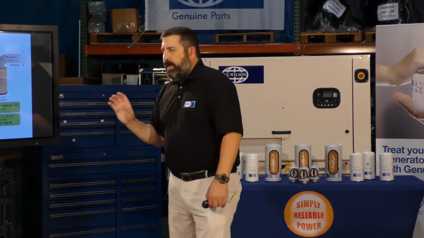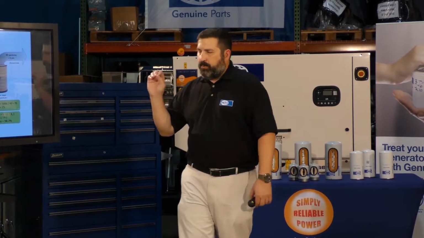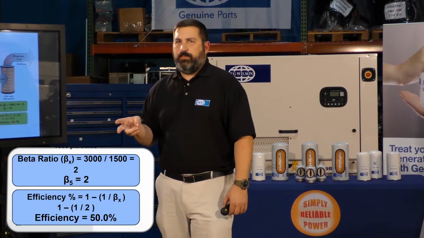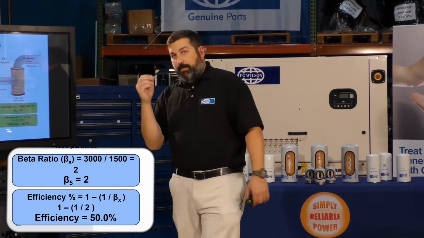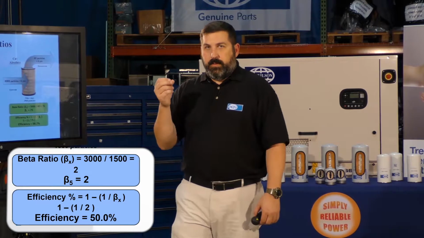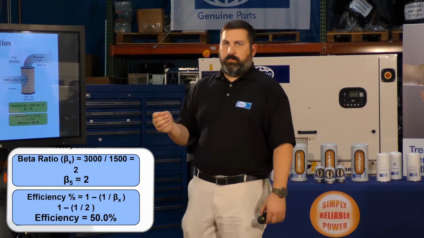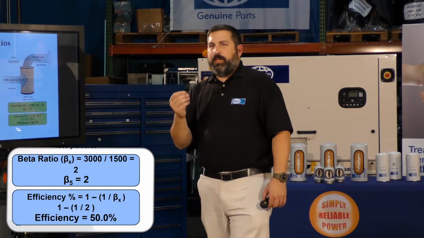So as you do the beta ratio, it's 3,000 divided by 1,500 equals 2. So that's a 5 micron beta 2. Let's put that into efficiency.